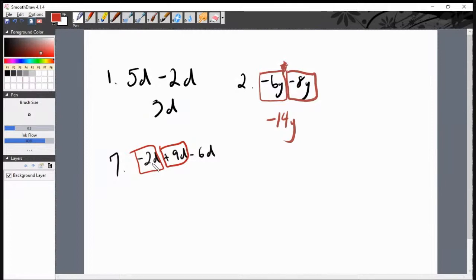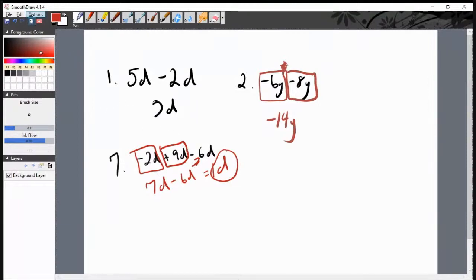So what are you going to have? Negative 2d plus 9d is going to be 7d. But then you have the minus 6d. So you're going to end up getting d, or you could put 1d, but it's essentially d. You're adding a negative 2d to a positive 9d, which would give you 7d, and then minus 6d, which would give you 1d, or just d, right?